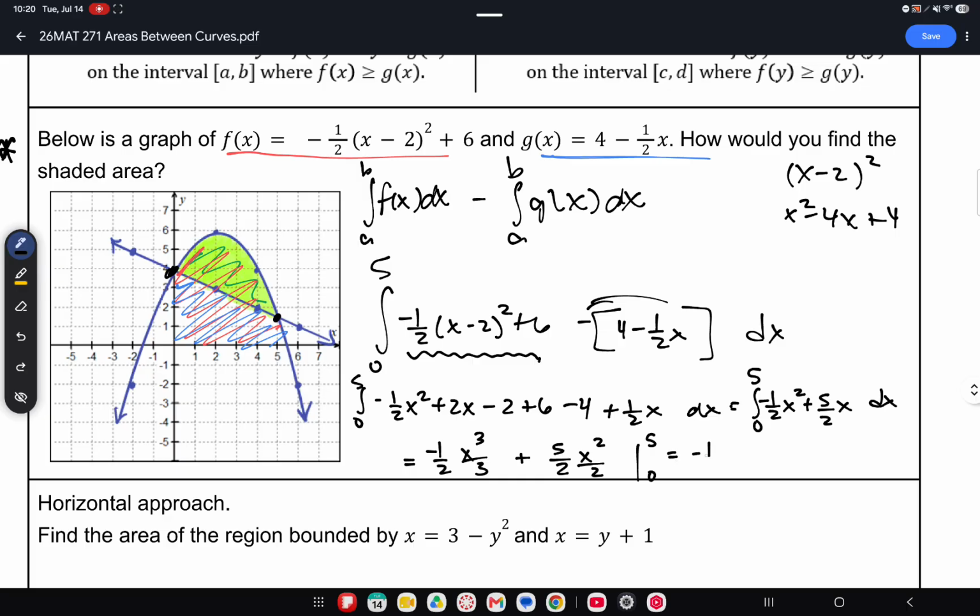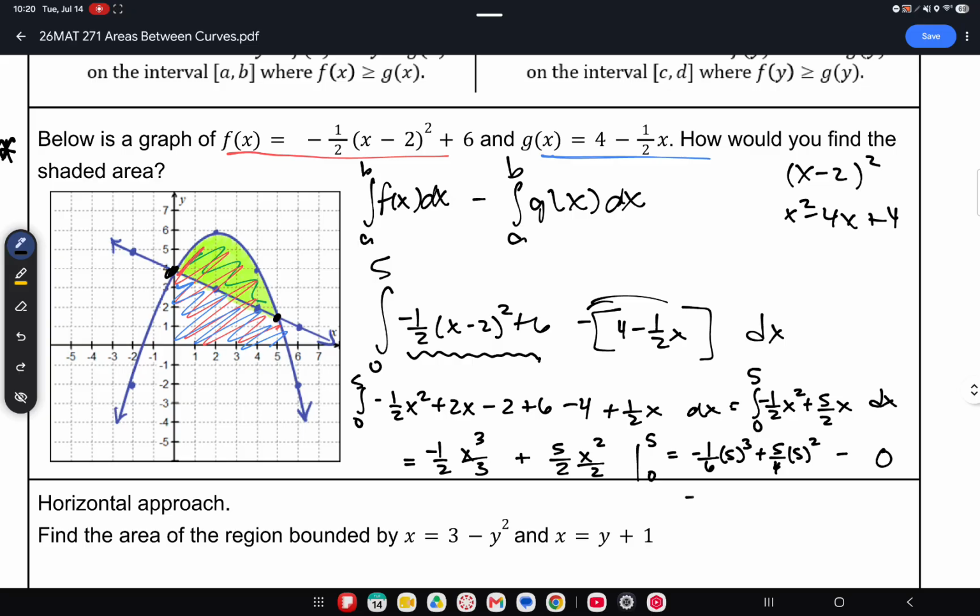So I'll make that what? Negative 1/6 times 5 cubed, plus 5/4 times 5 squared, minus, if I plug in 0, I'm going to get 0 for all of that. And let's see what this will give. So 5 cubed is 125, and then I need to multiply that by a negative 1/6.